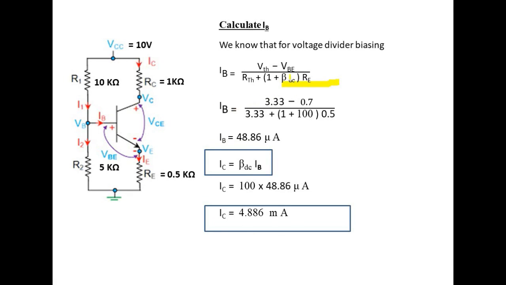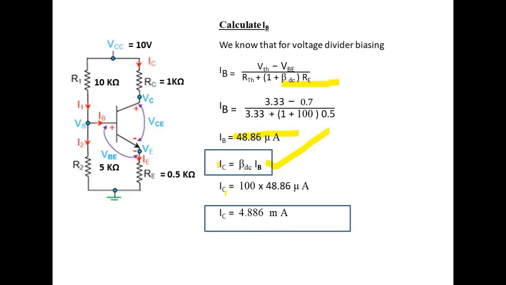Putting the value of VTH, VBE, RTH, RE and beta DC, we have got IB is equal to (3.33 minus 0.7) upon (3.33 plus 101 into 0.5), and after calculation we have got IB is equal to 48.86 microampere.